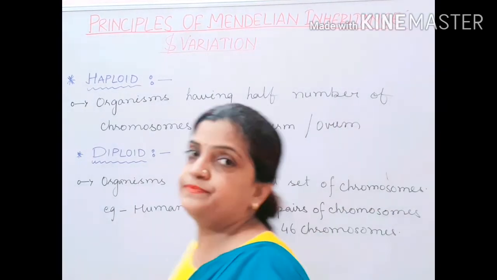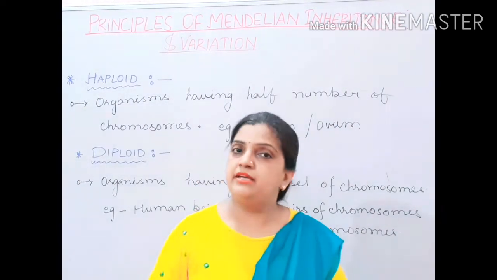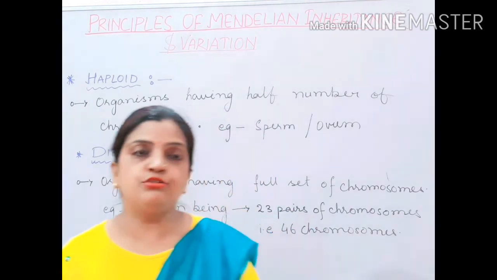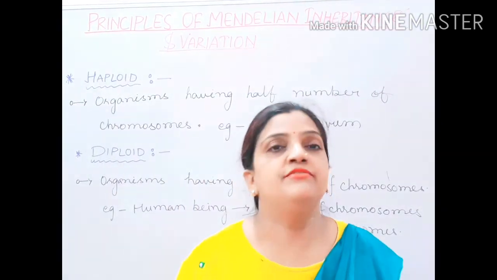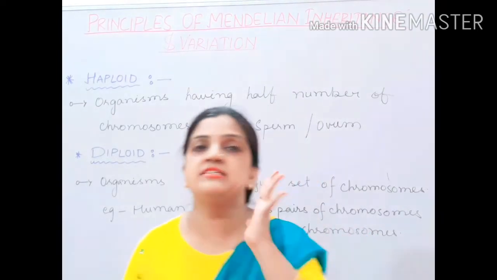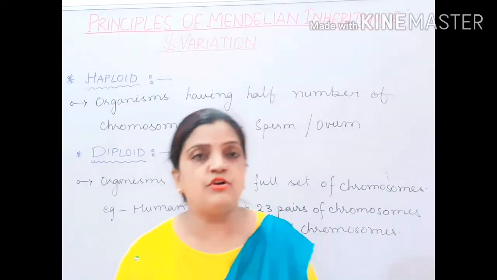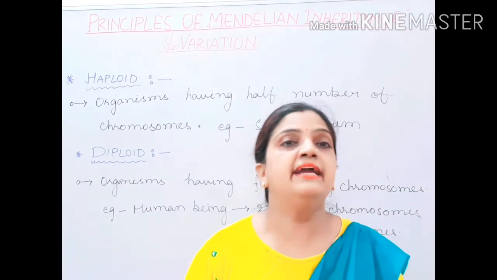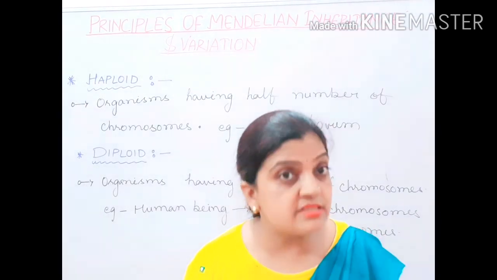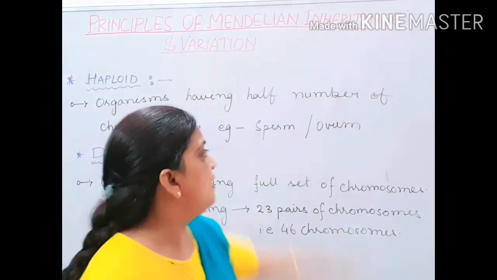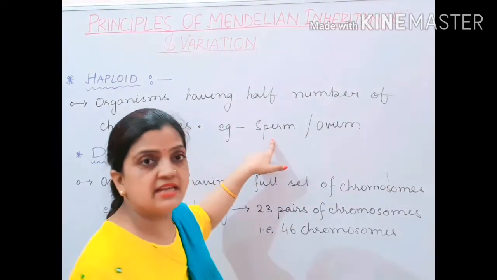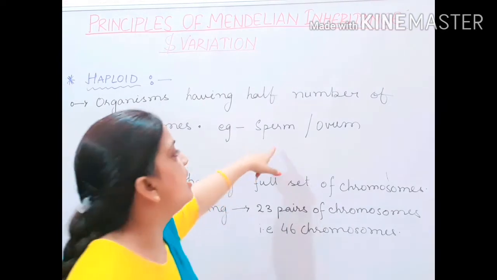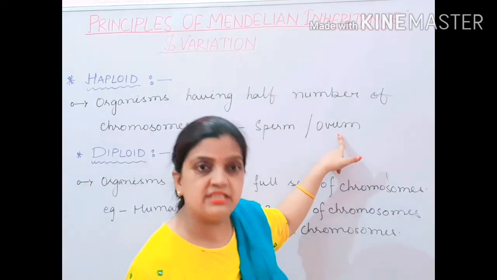Now children, I am taking the example of human beings only. How many chromosomes do we human beings have? We have 46 chromosomes, and these 46 chromosomes are present in 23 pairs. If I talk about haploid, then sperm has 23 chromosomes and ovum has 23 chromosomes.